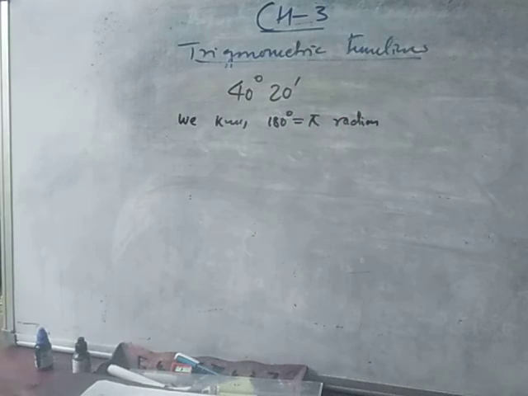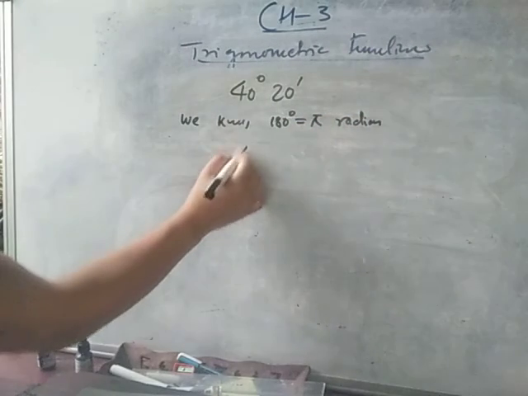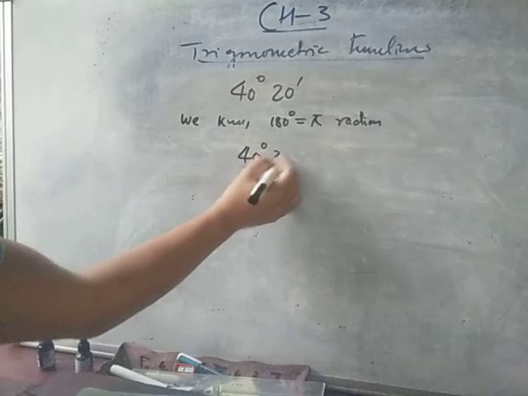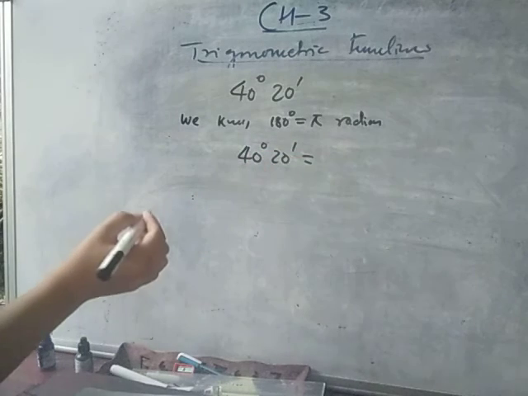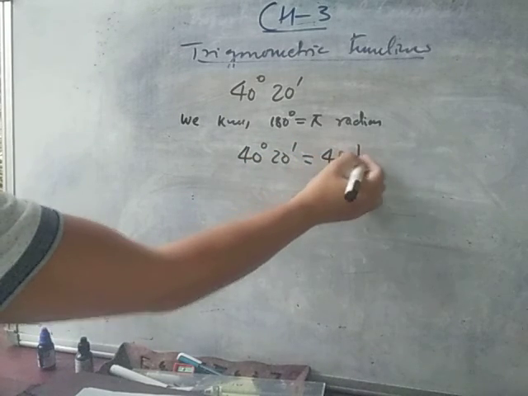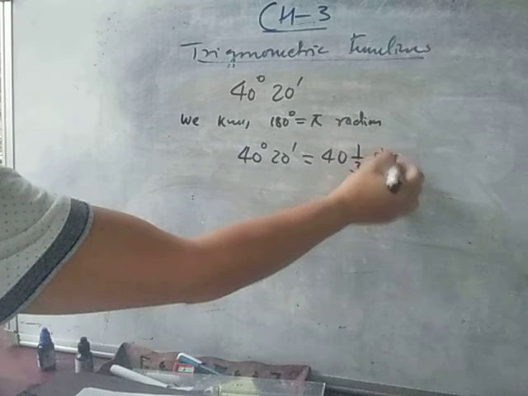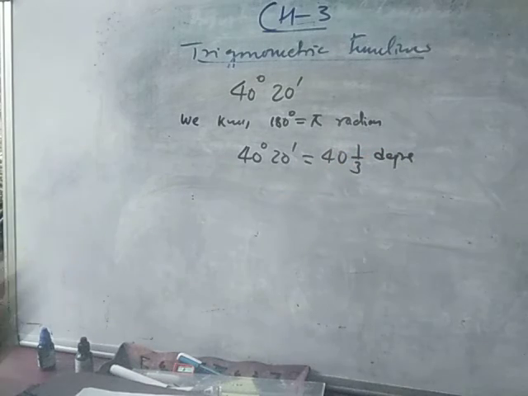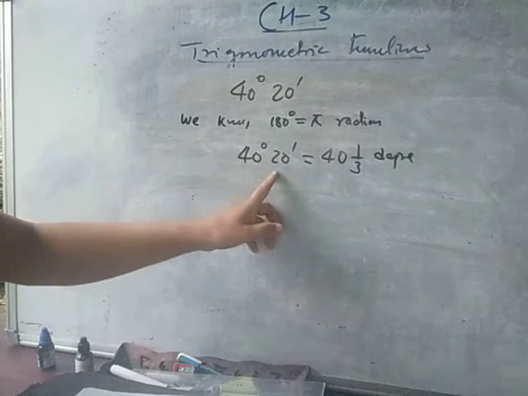Okay, so 40 degree 20 minute equals to how much? 121 by 3 degree, isn't it? 20 minute means if you take 3 times, then you will get 60, isn't it?